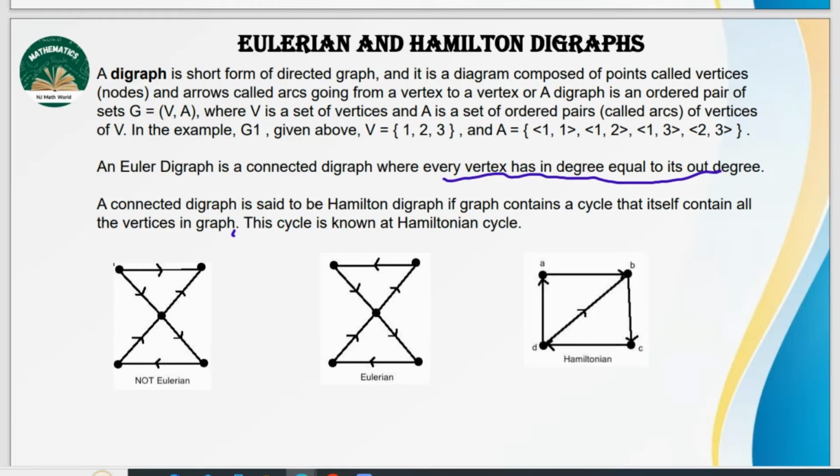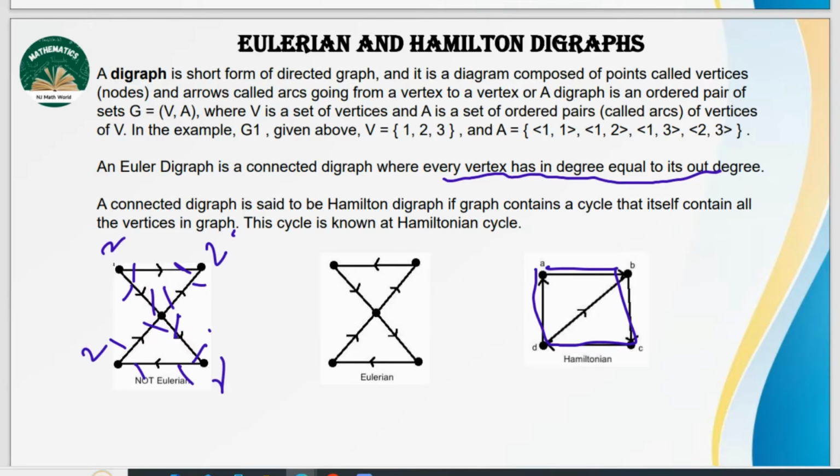So you can see here you have A to B, then B to C, C to D, and then D to A. That is a cycle. Here you can see 2 and 2 in-degree, and here also 2, here also we have 2, and here 2 are going out and 2 are coming in, therefore it is called non-Eulerian.